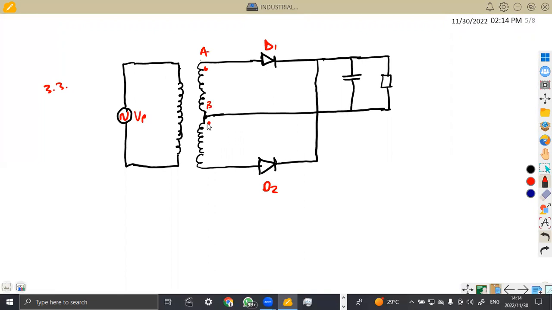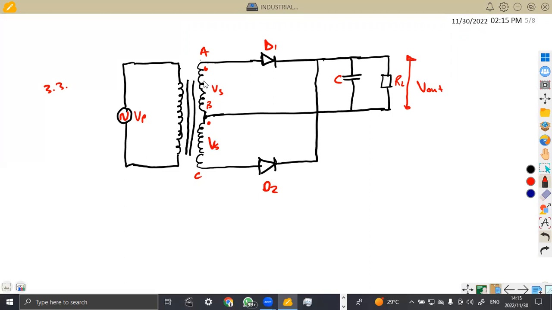You can just name our points A, B, C. And on the transformer, don't forget to indicate these lines. Here is our capacitor and the load resistor, which is now a DC. So this is the output voltage, V out, which is the DC part. As you can see, it's just easy, guys. This is your secondary voltage, you can even leave your answer like that.